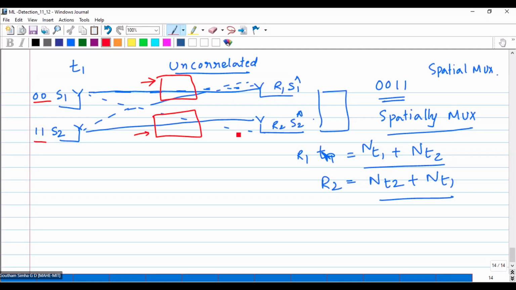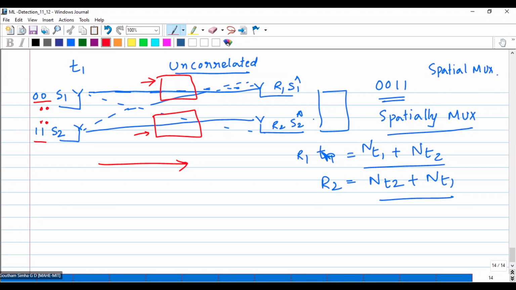So in indoor communication, what we do is 0, 0 is transmitted, and again 0, 0 is transmitted from the second antenna to maintain the reliability of the link. Here we are not concerned about the reliability of the link, but we have considered a different symbol transmitted from the second transmit antenna.